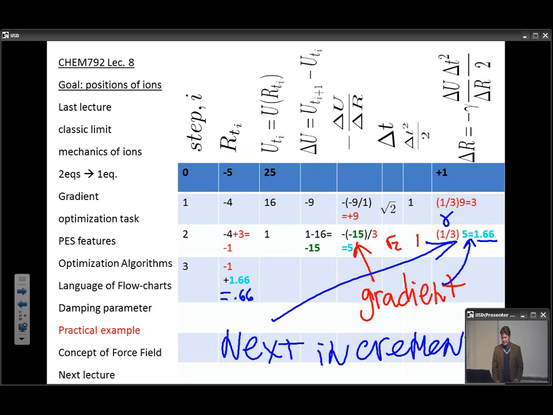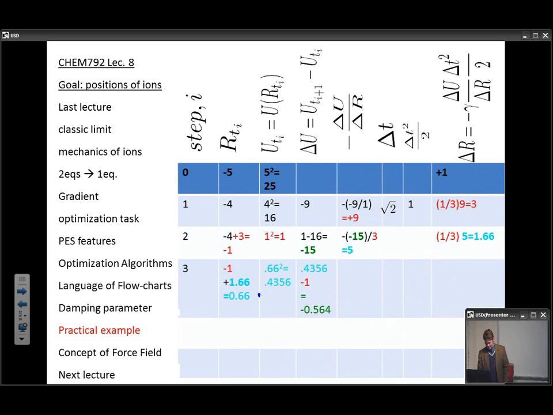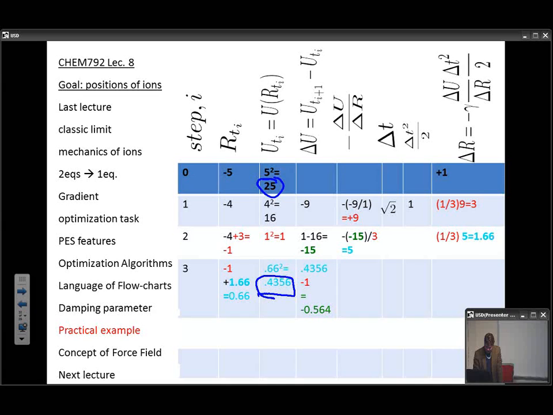Let's check if we are getting closer to the answer, if we are getting closer to the minimum in our criterion of success. Here is 0.66 squared. And following this line of data, it looks, well, not perfect, but promising.